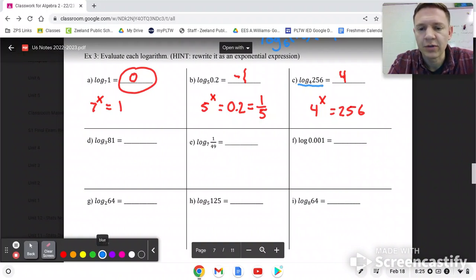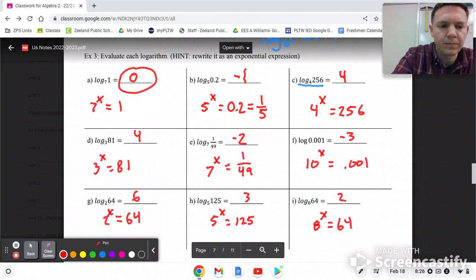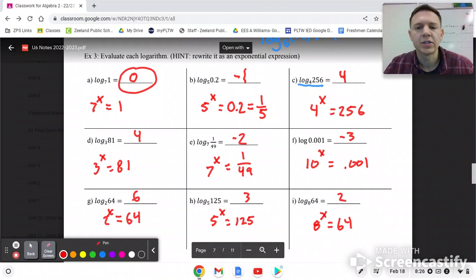Go ahead and try the rest of these. I don't want you to punch those into your calculator. I want you to try to switch to exponential form and then figure out which power works for the rest of them. In about 3 seconds, you're going to see the answers for all of them so you can check. All right, go ahead and check your answers. Some of those are a little bit easier to do than others. Some of them you can do mental math.